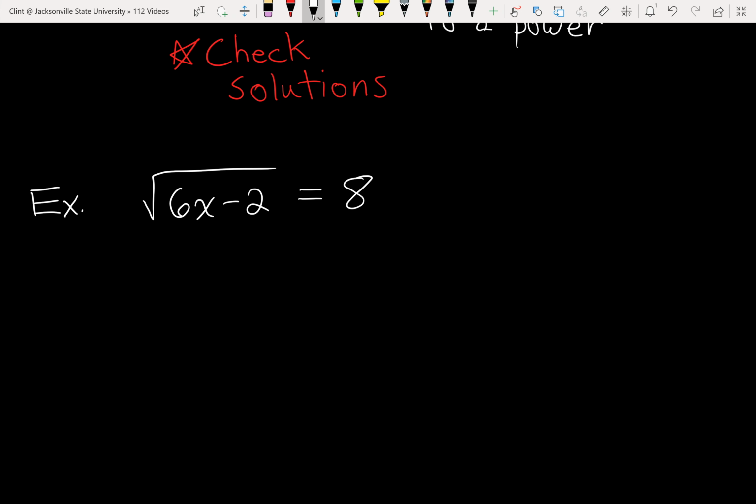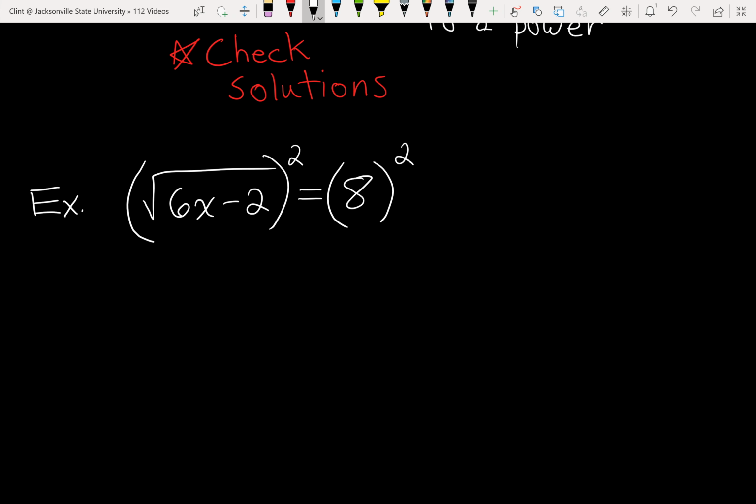Once we have that, the next thing to look at is what power do we need to use to cancel out this radical. Remember, a square root has an index of 2. We don't write it, but we could write a little 2 right there. So in order to cancel our radical out, we're going to raise both sides to the second power.